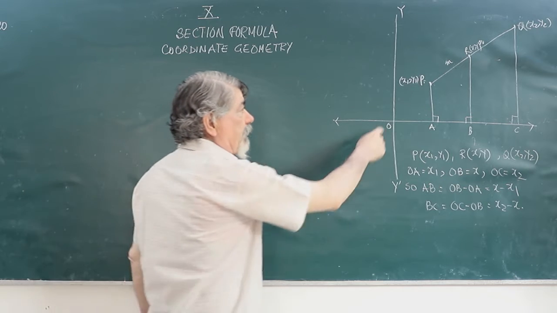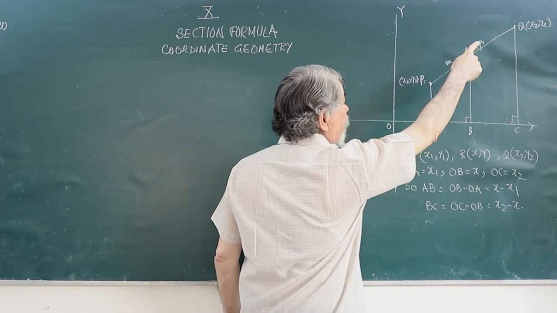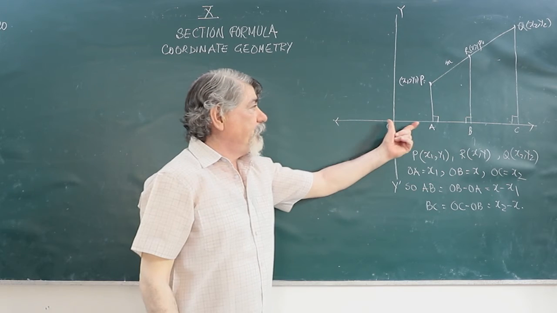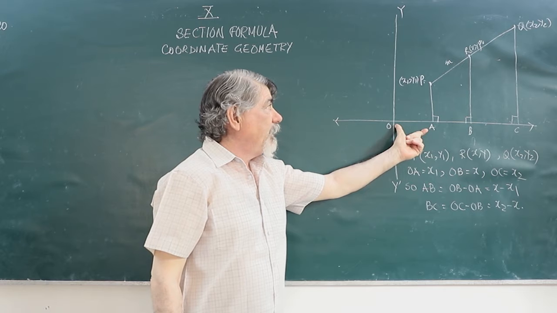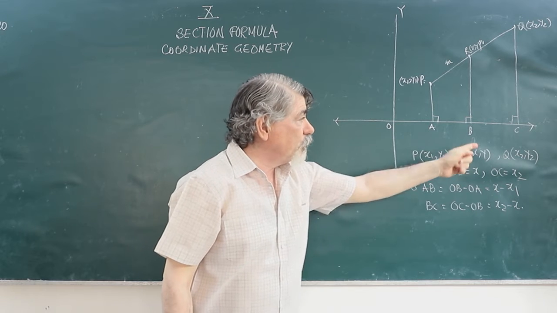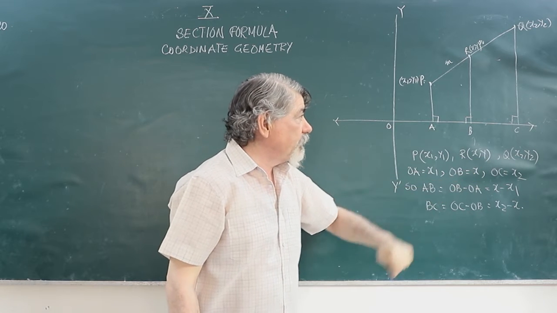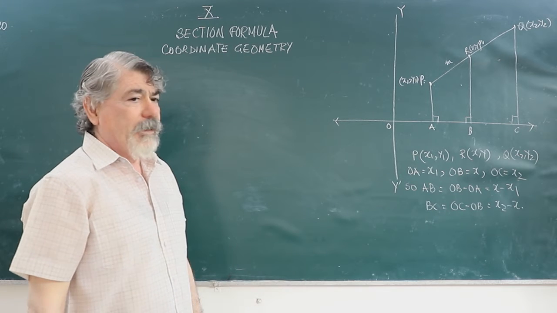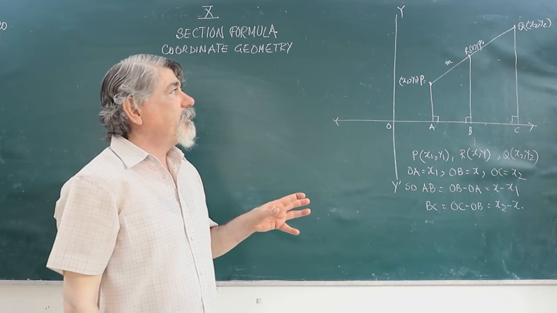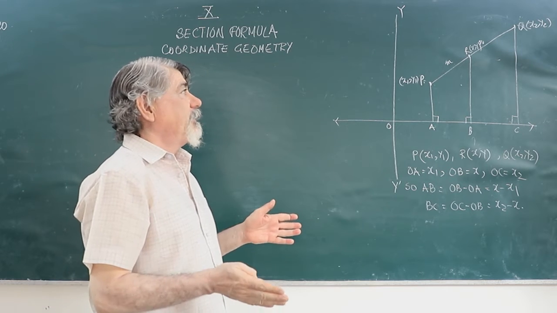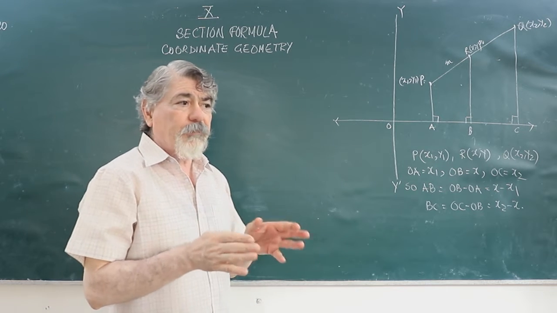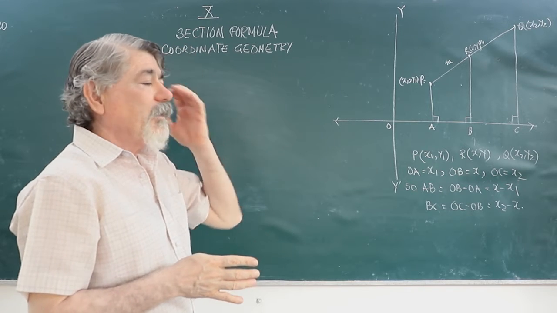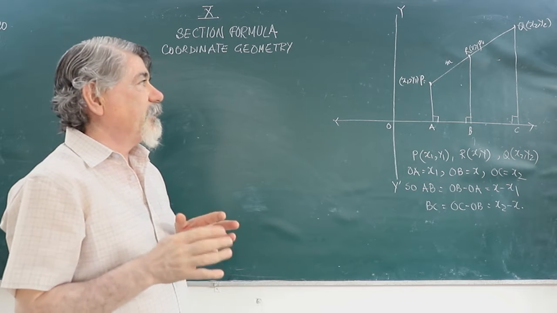If I drop a perpendicular from P to the x-axis and from Q to the x-axis, I get PA and QC. That means the length OA is x1 and the length OC is x2. There is any point in between P and Q. We are taking the point as an internal divider, not a bisector.